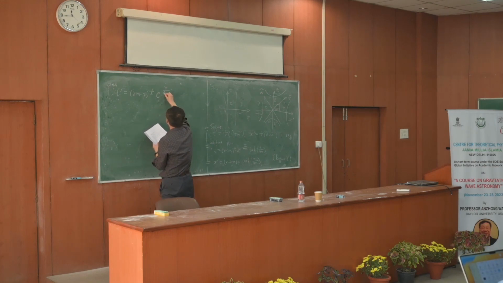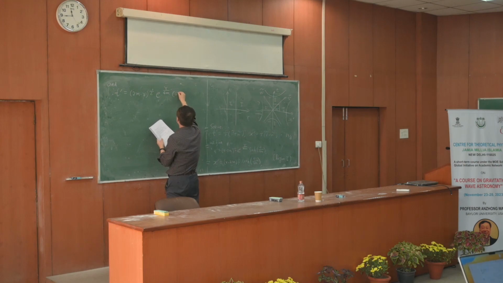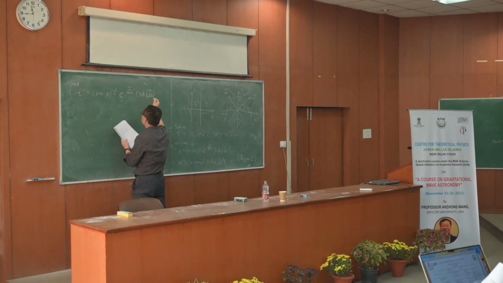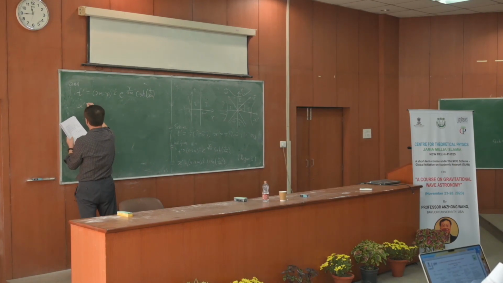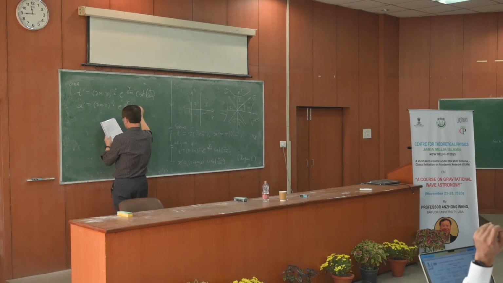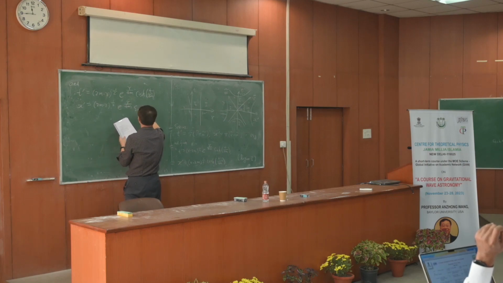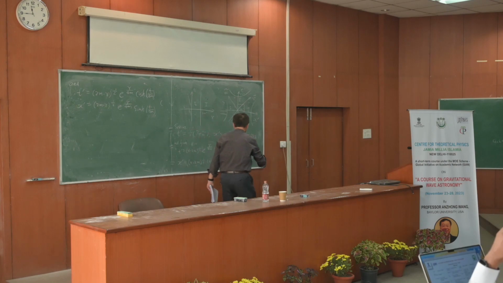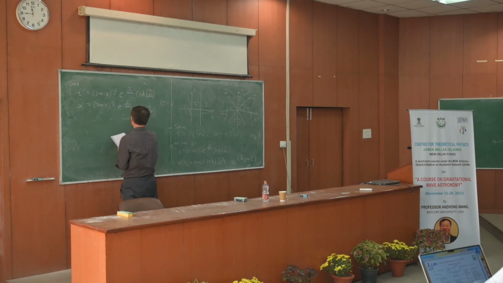Then t prime equals E to the r over 4m cosine hyperbolic t over 4m, and x prime equals 2m minus r to the 1/2, E to the r over 4m, sine hyperbolic t over 4m. This I call equation 4, and this is equation 5.